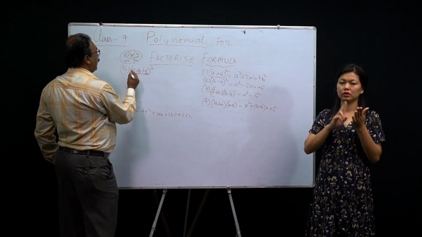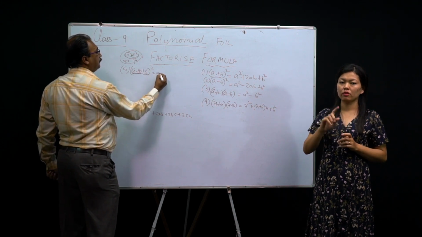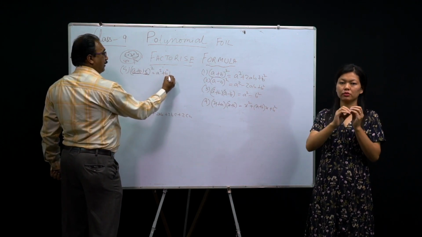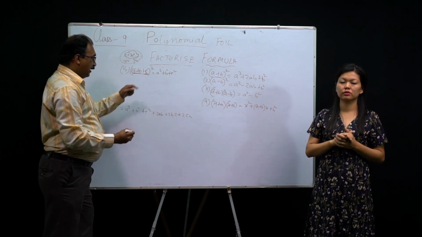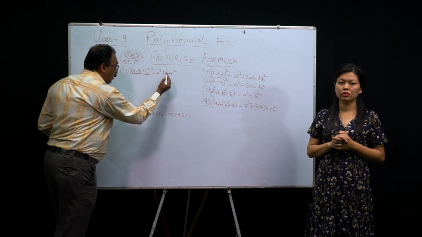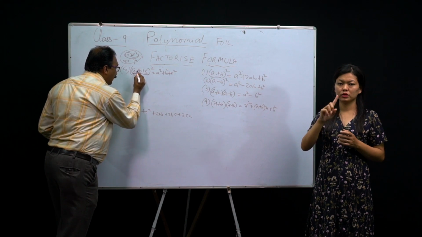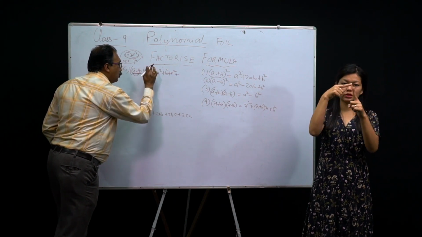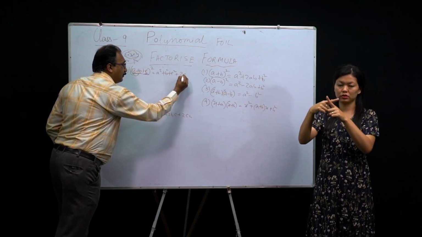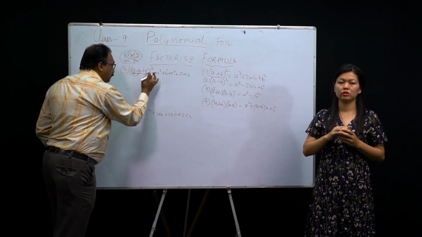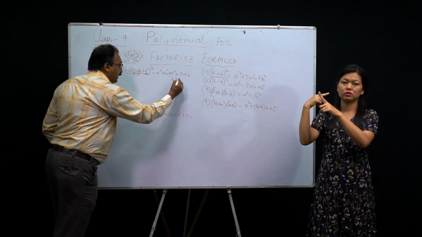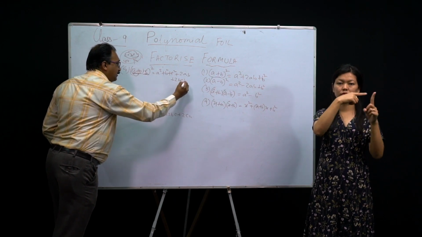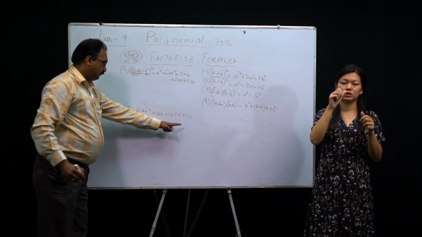Like first a square, then b square, then c square. Then you write 2, first multiply these two. What sign? Plus 2ab. Then plus 2bc, plus 2ca.